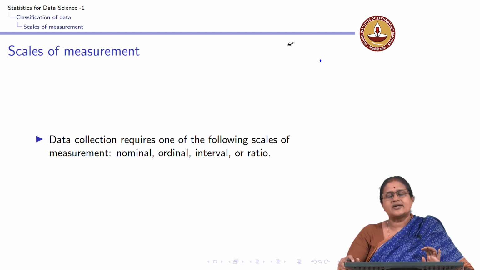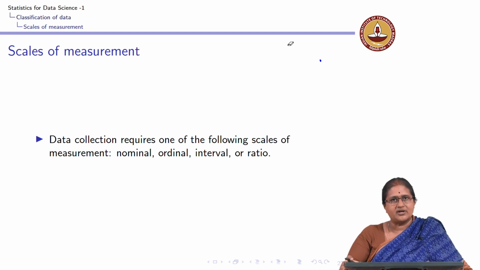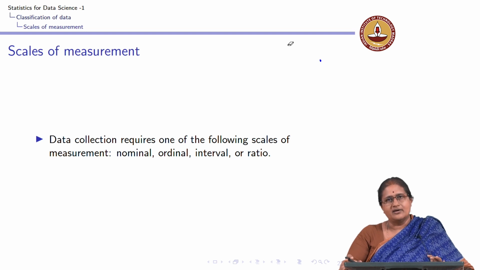Now, when we look at scales of measurement, I have 4 scales of measurement and they are called the nominal, ordinal, interval and ratio scale. We are going to understand about each of these scales of measurement in great detail. Why is it important?